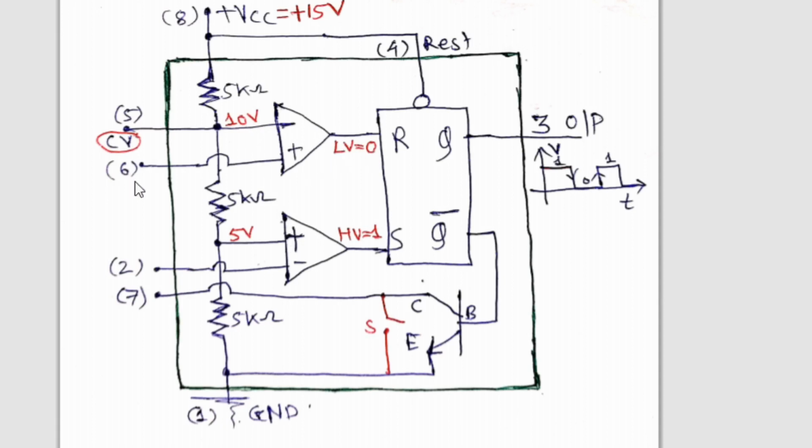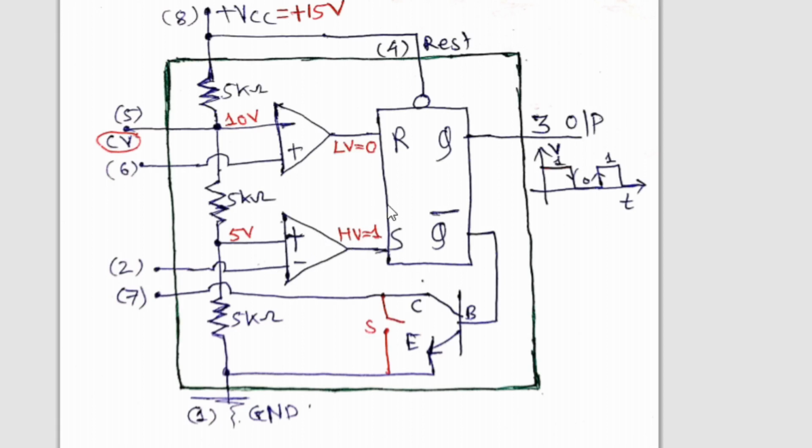When you apply 15 volt, 5 volt comes here because 1/3 of Vcc. So 5 volt is there at positive terminal, and negative terminal, which is pin number 2, is open, means I have considered this as 0 volt. So when this is 5 volt and that is 0 volt, voltage at positive terminal is greater, that's why it is HV, means high voltage.